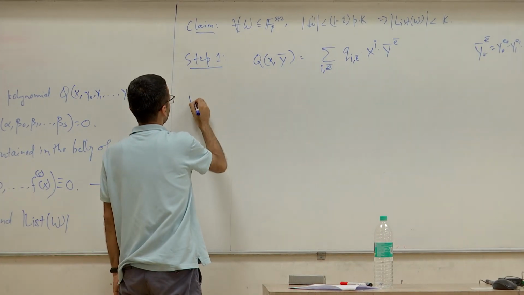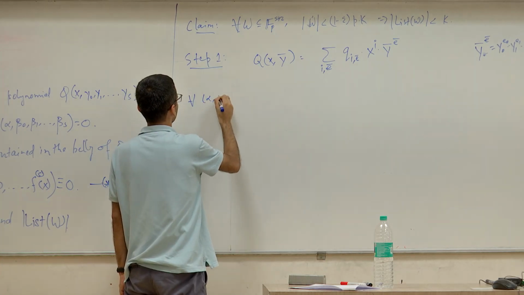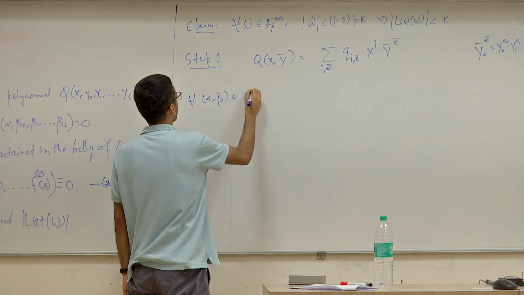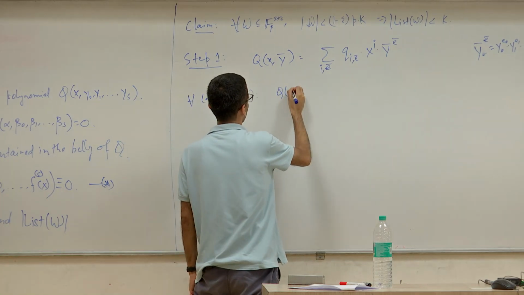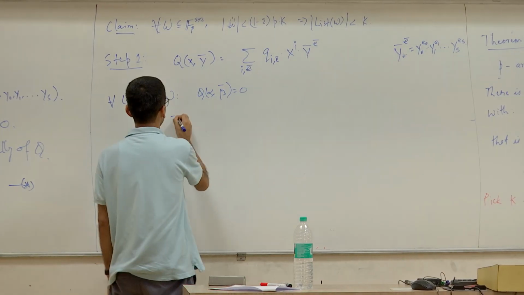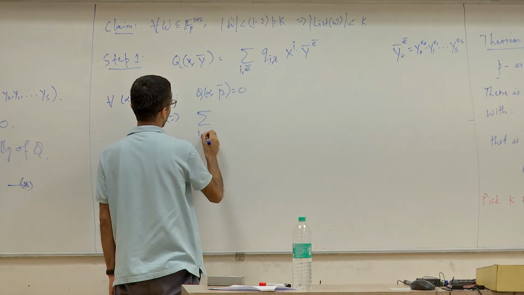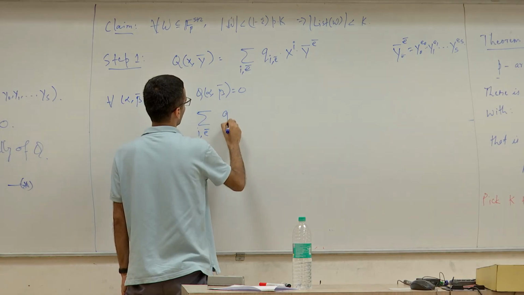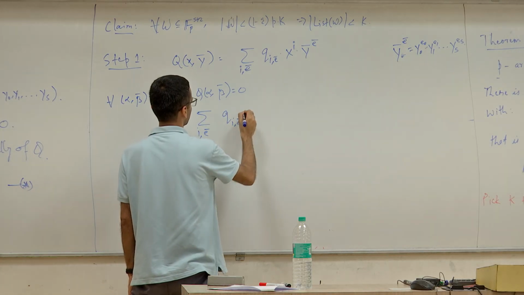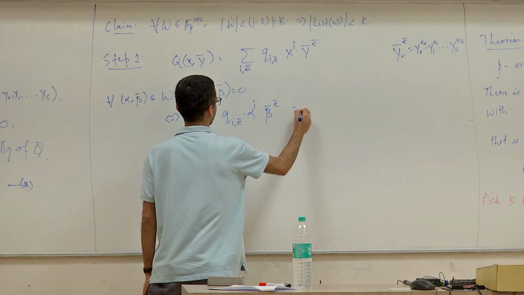So the constraint we want on Q is that for all alpha beta in W, Q of alpha beta is 0. In this language, this is the same as saying sum over i comma e, Q sub i comma e, alpha to the i, beta bar to the e bar is 0.